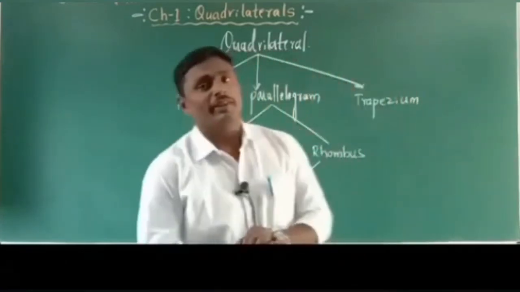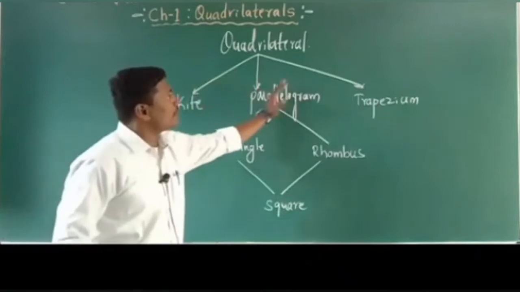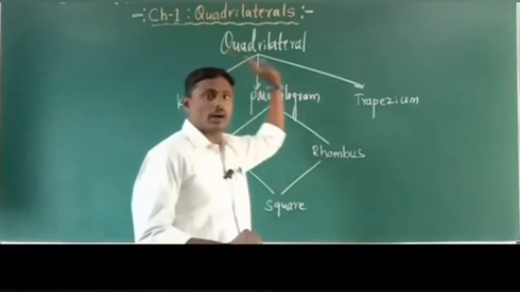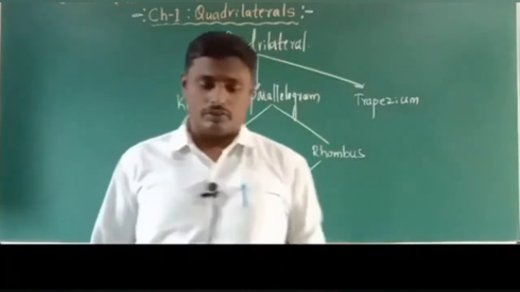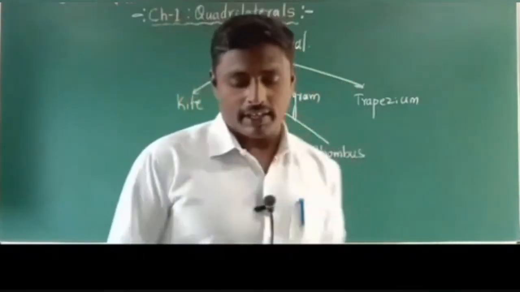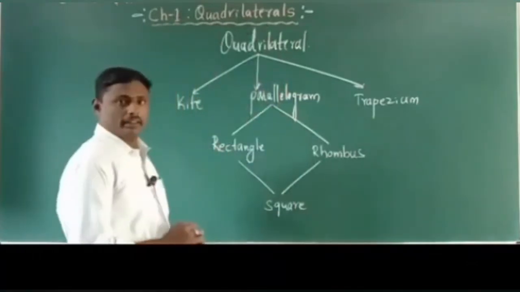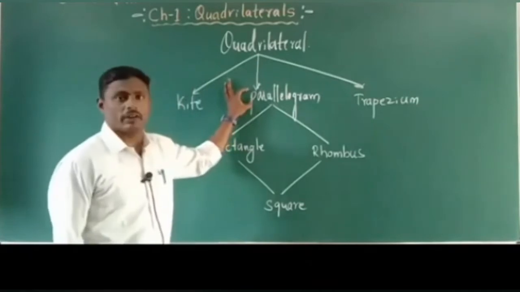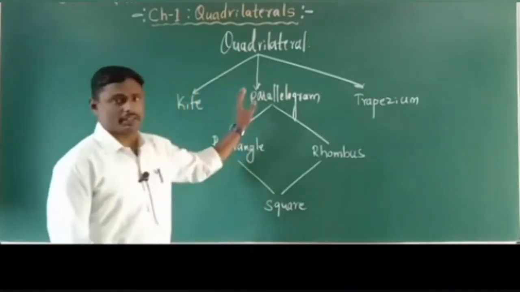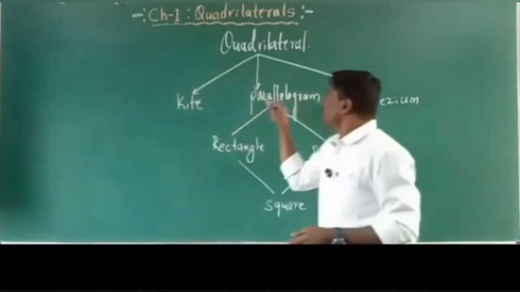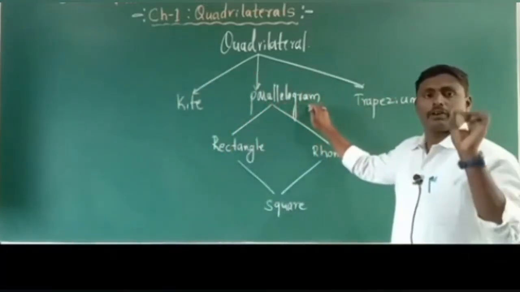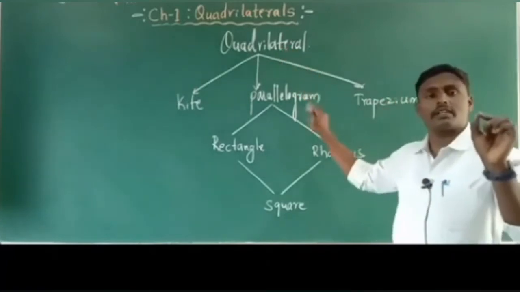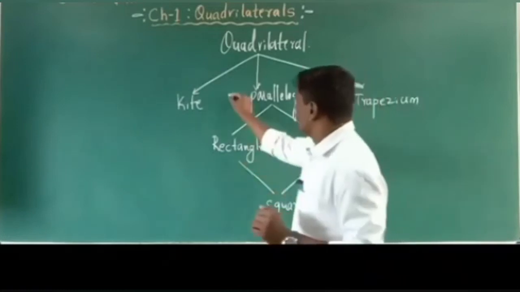On what basis are we classifying the quadrilaterals? Listen here. A quadrilateral, as you already know, is a polygon bounded by 4 sides and 4 angles, right? So parallelogram. What are the properties of parallelogram? Some basic properties we will discuss today, right? A parallelogram is a quadrilateral in which opposite sides are equal and parallel.